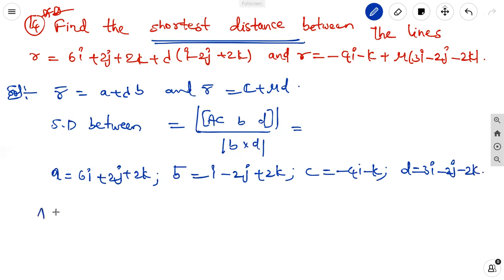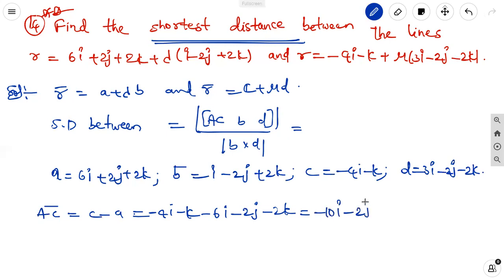Next, to find the AC vector, that is equal to C minus A. So here subtract: minus 4i minus k minus 6i minus 2j minus 2k. It is equal to minus 10i minus 2j minus 3k.